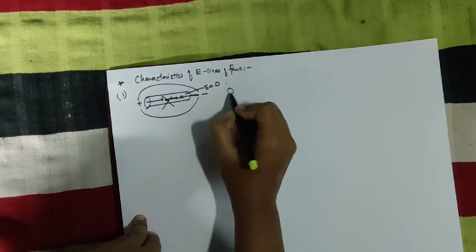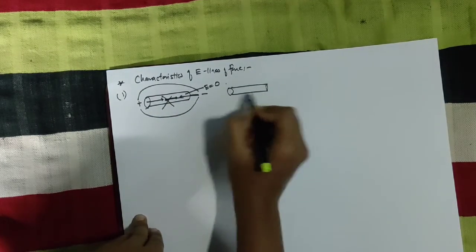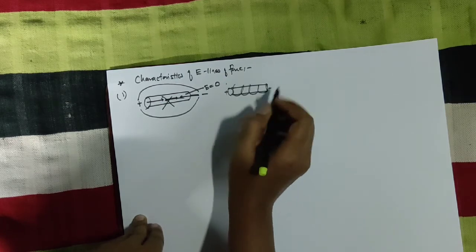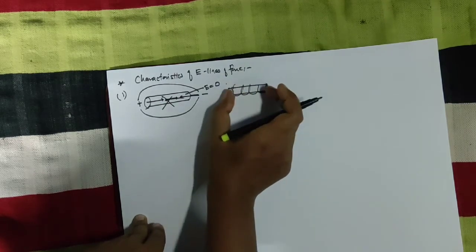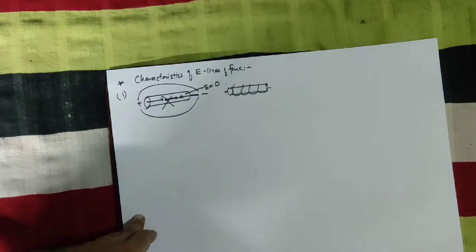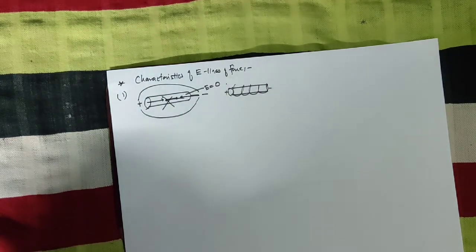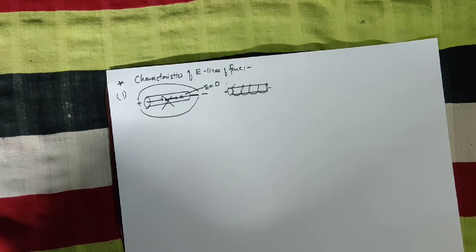That means suppose again you consider a conductor, and whatever positive and negative charges are passing through this conductor within the area, suppose the number of charges passing through this small surface area is large, then we can say that the electric field intensity is maximum.